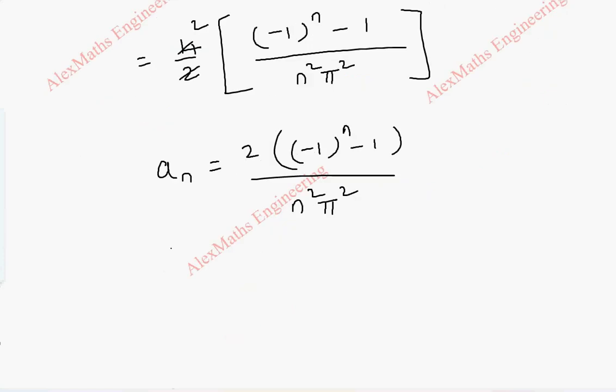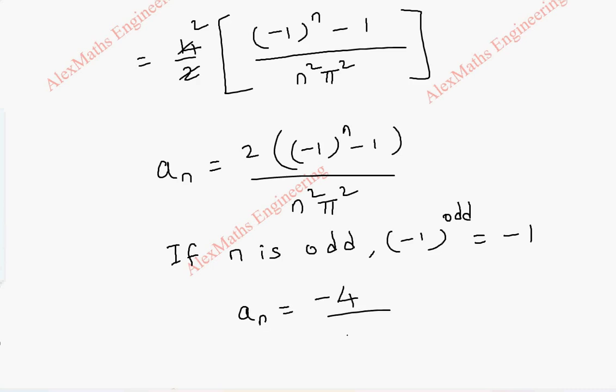If n is odd, it means minus 1 whole power odd number becomes minus 1. So when this is minus 1, minus 1 minus 1 is minus 2. So an becomes minus 2 into 2 is minus 4.